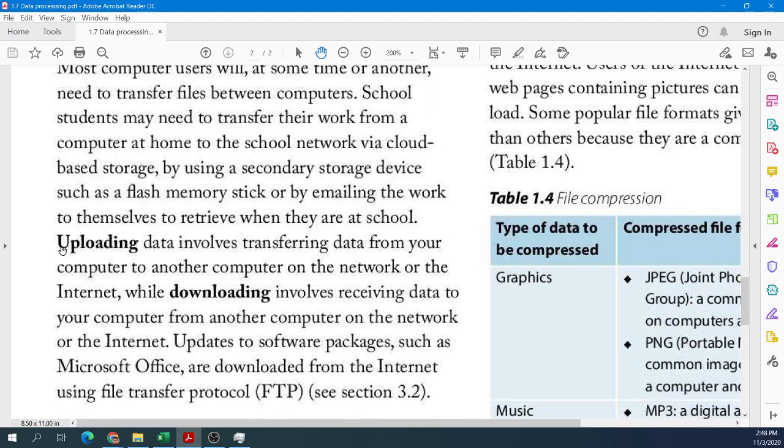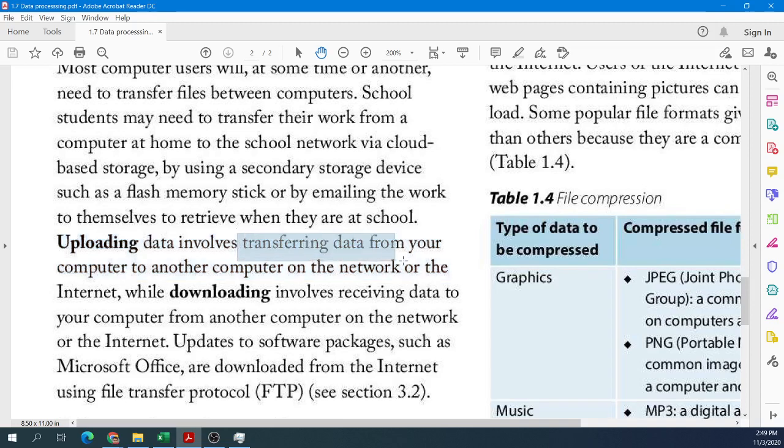Now, there are two terms that you need to remember. Uploading refers to transferring data from your computer to another computer. For example, if we use WhatsApp, when you send a picture or a video to one of your friends, that is referred to as uploading.